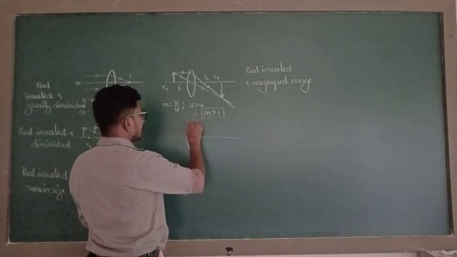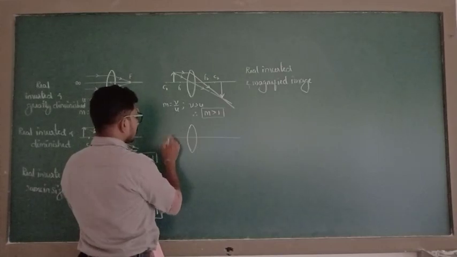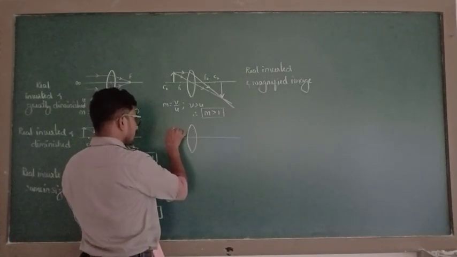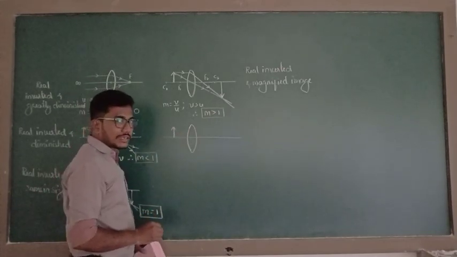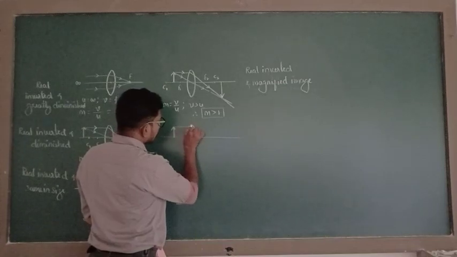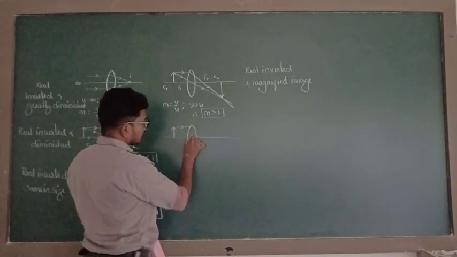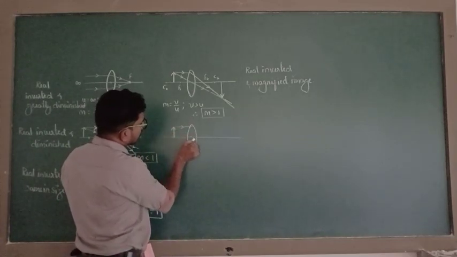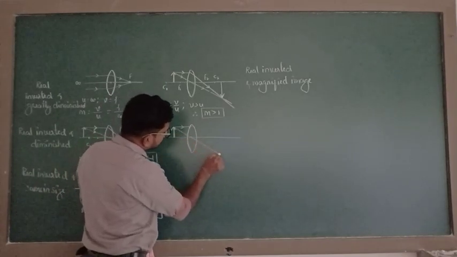Now the object lies at the principal focus. First incident light ray parallel to the principal axis. Second incident light ray made to pass through the optical center.